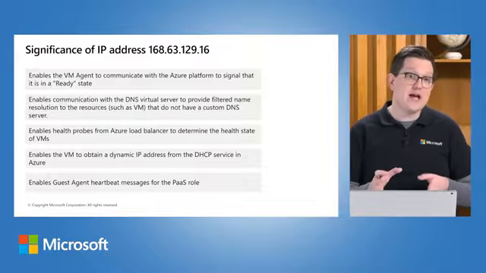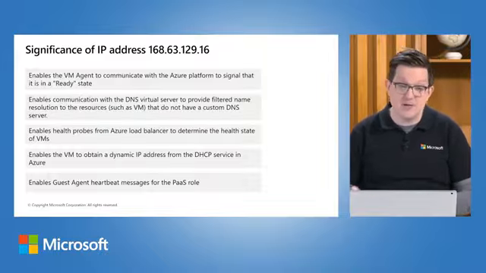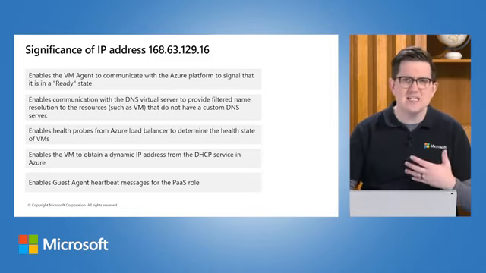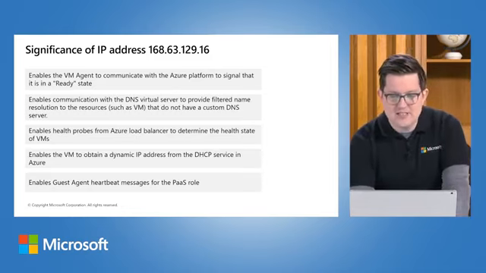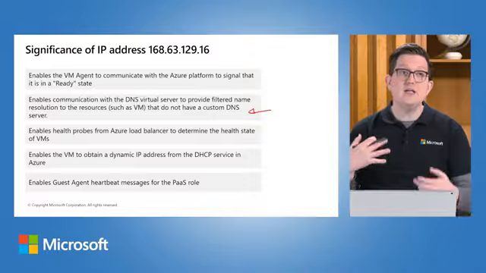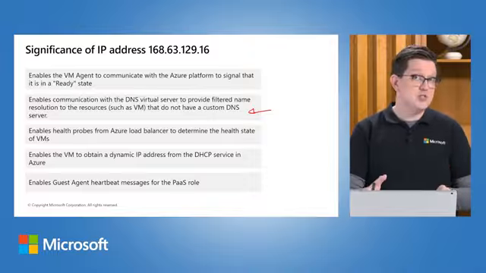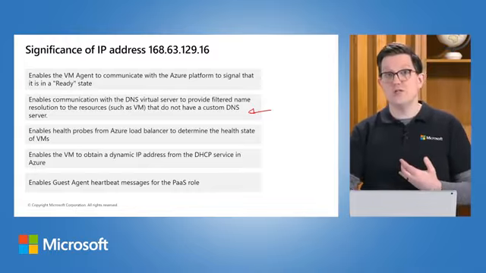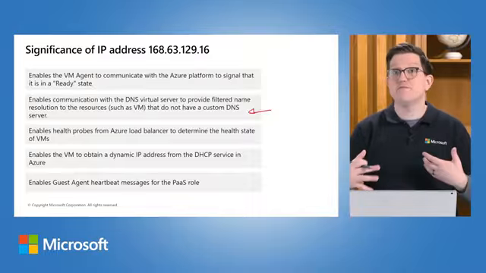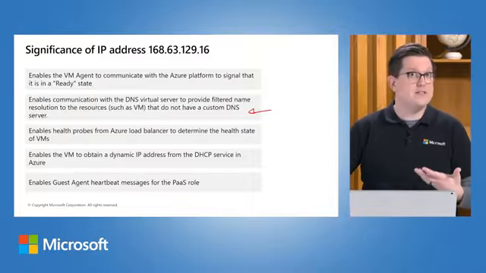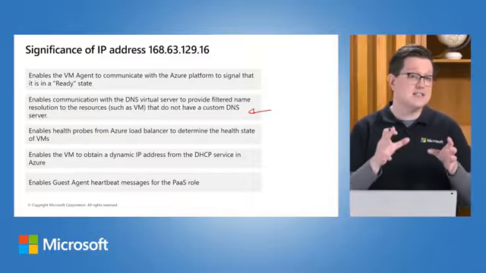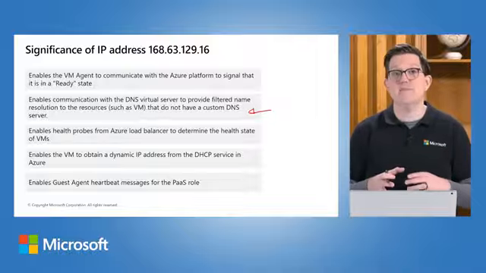One of the things that we gather from here, alongside DHCP requests, the little things like ready signals, is DNS. The ability for an Azure virtual machine to be able to reach out to the Azure Resource Manager and find out what other things are available via DNS is entirely controlled through this IP.